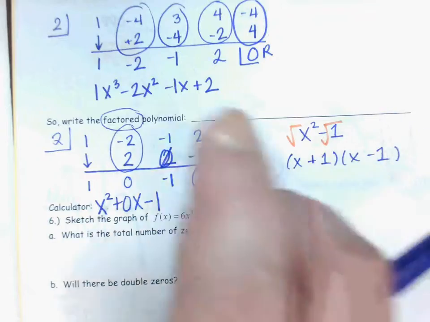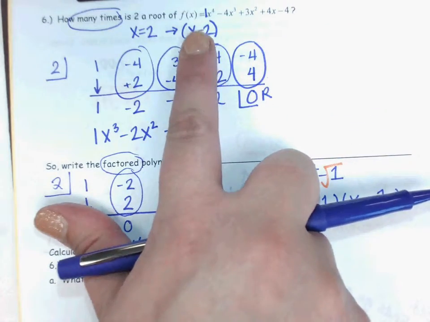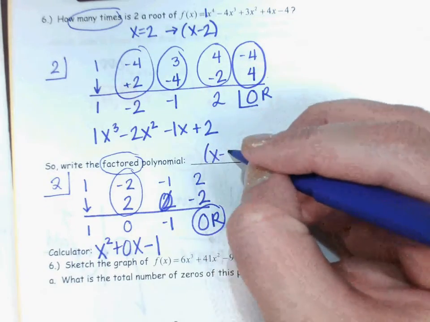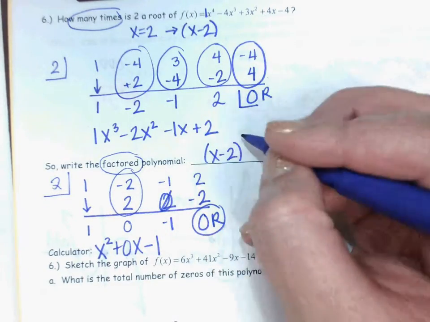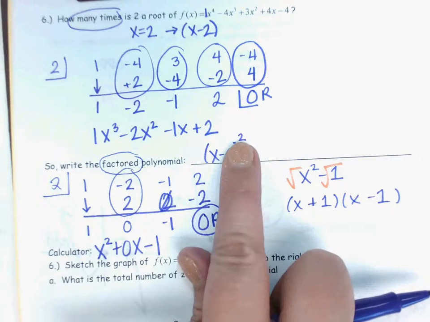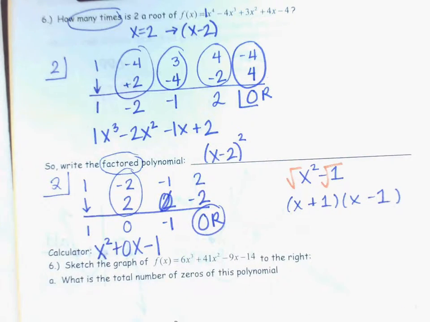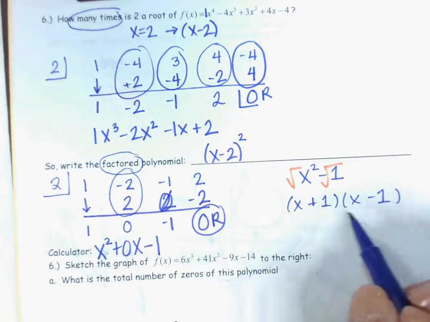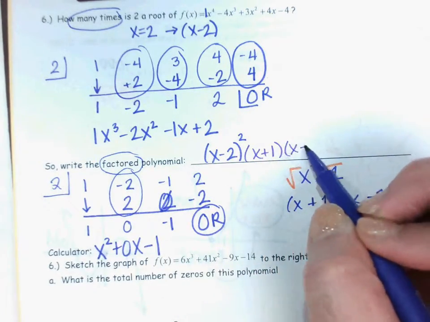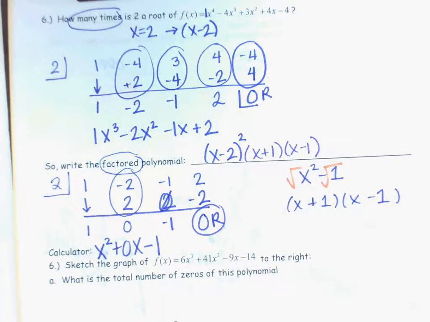Okay, what was my first factor we divided by? x minus 2. How many times did that work? Twice. So I'm going to put x minus 2, then I'm going to put a squared on it because I divided by that 2 times. Then my other 2 factors are these guys, x plus 1 and x minus 1. And that would be your factored form.